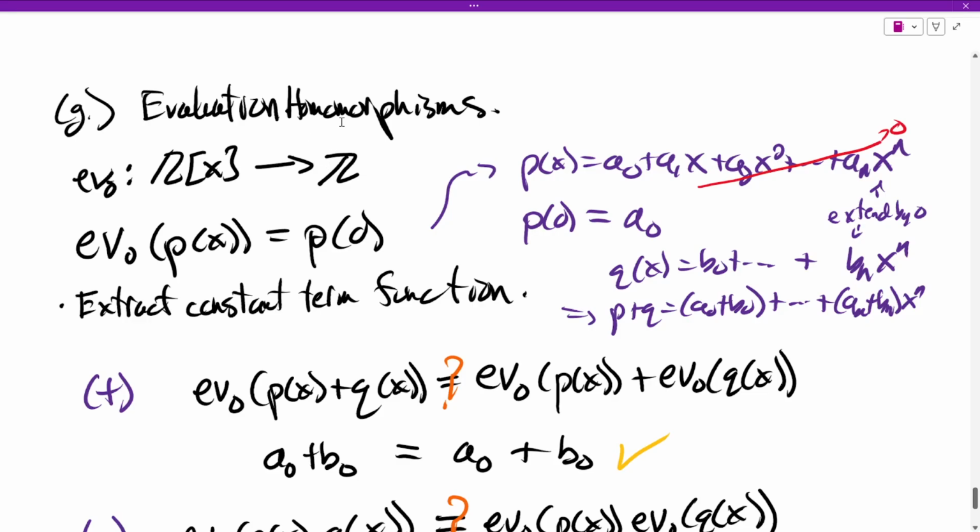Now, it is possible to map Z adjoin x to Z in a bijective way, so that is 1-to-1 and onto. But it's not possible to do that in a way that is compatible with addition and multiplication. This extra structure that we have imposed on our mappings is actually going to tell us that it's not possible for this function to be bijective.